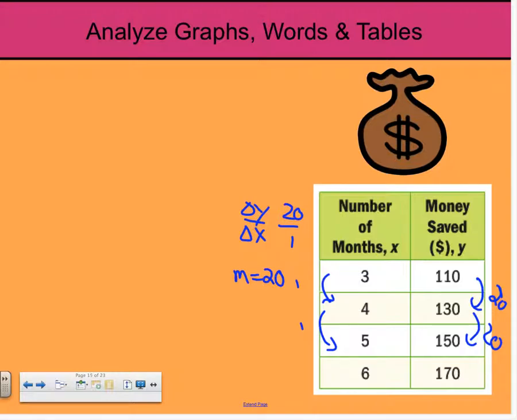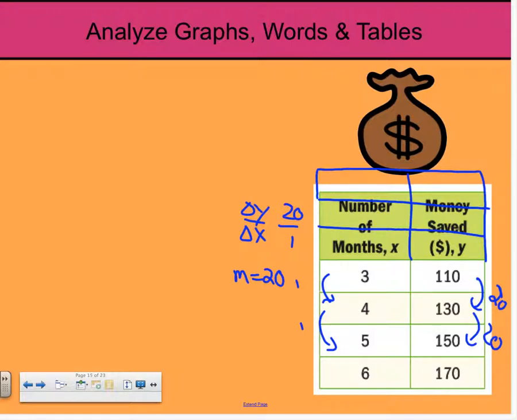Now, we have found our rate of change. How do we now come up with the initial value, or the y-intercept? Well, there's a couple ways you could do this. One of the ways is we could work backwards in our table. I know you probably can't see this too well, but create a table going backwards.